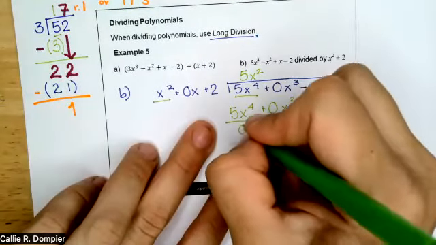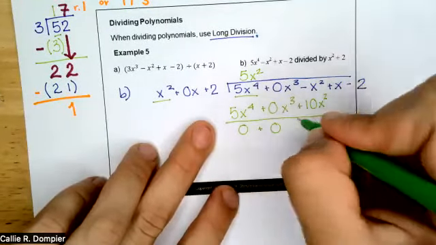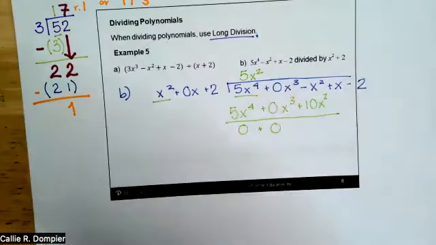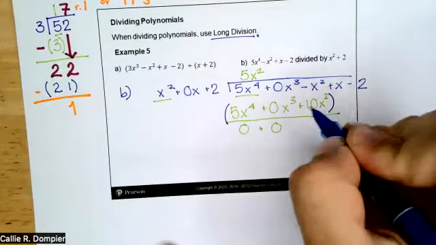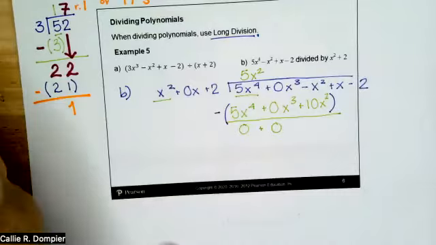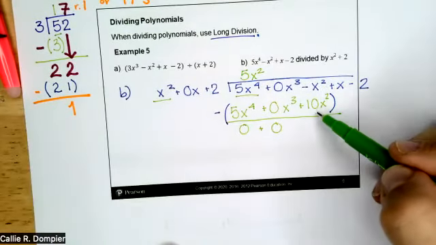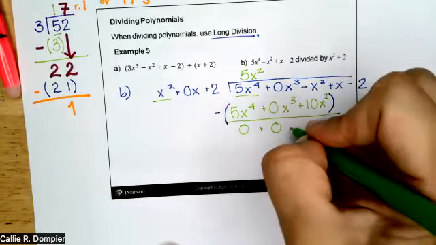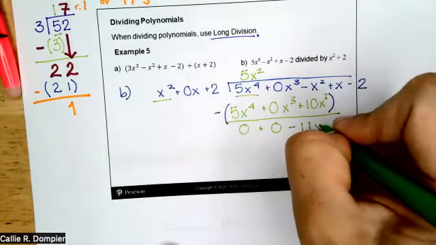So that's 0. That's 0. Oh, sorry. Remember, we have to subtract. So that is actually negative x squared minus 10x squared. So that'll be minus 11x squared.